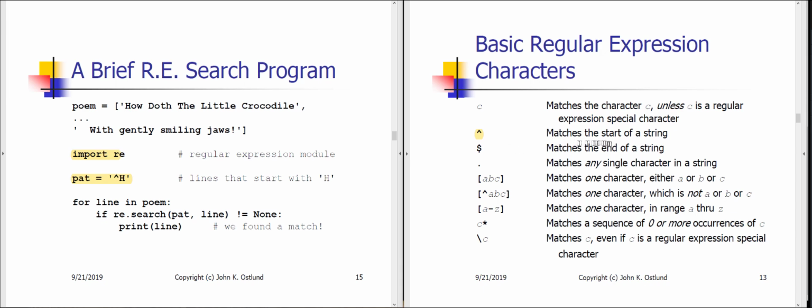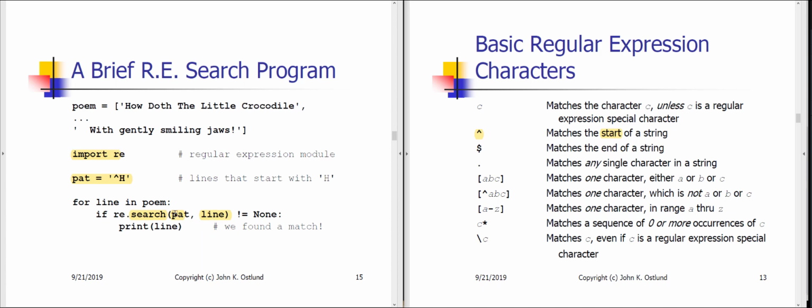And what it does is to search for some pattern at the start of a string. In this particular example on slide 15, my pattern is saying I want to look for lines that start with a capital H. So, for each line in the poem, and my poem is a list of strings, so each line in the poem is a string, what I'm going to do is to use the search function defined within the RE module to search for this regular expression pattern in the current line.